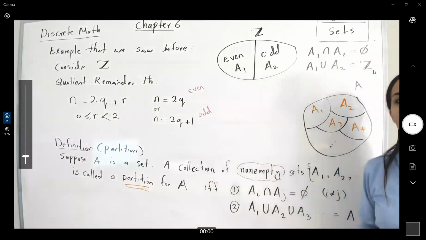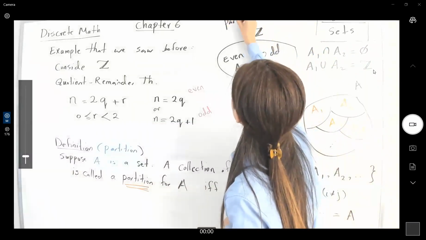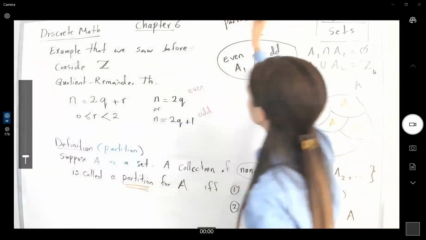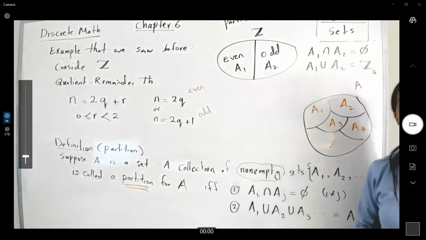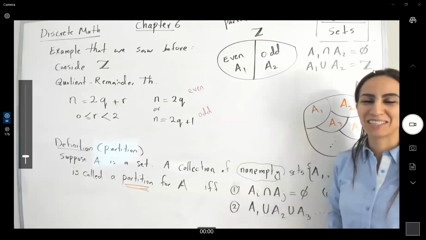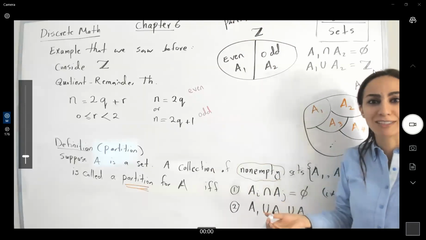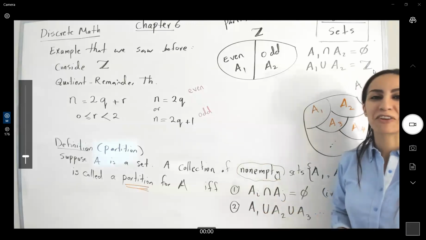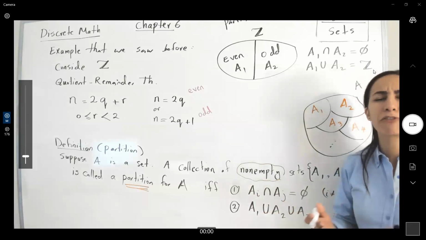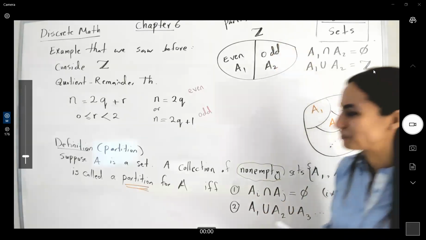We just represented a partition for Z. Now you might say, well, what if I divide by 3? Can I represent a new partition? Dividing by 4, 5, 6? Of course. Dividing by different numbers gives you different partitions for set Z.